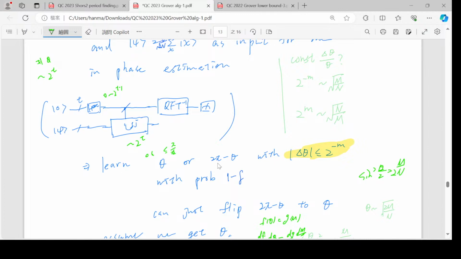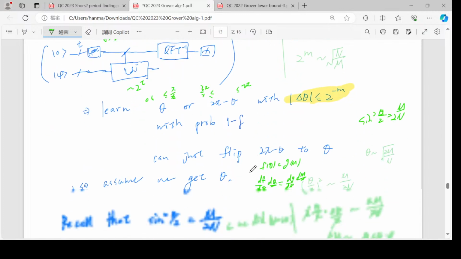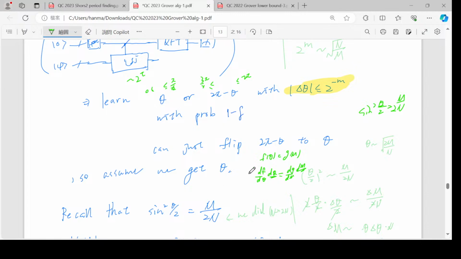That value will be between 3 pi over 2 and 2 pi, so those are very different ranges. If you see something in that range, you just flip it. So now we just assume we get theta.